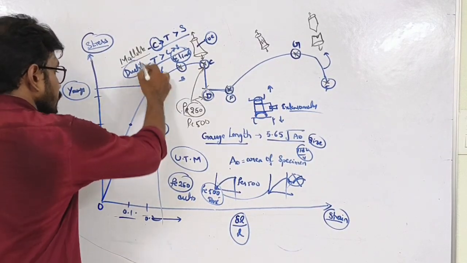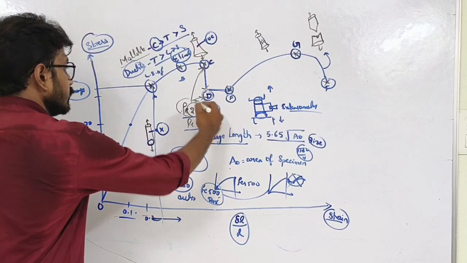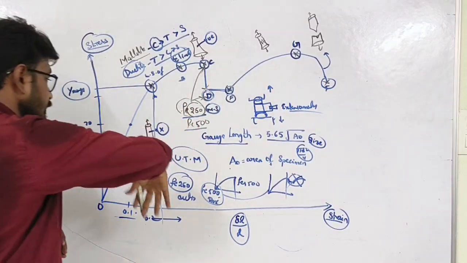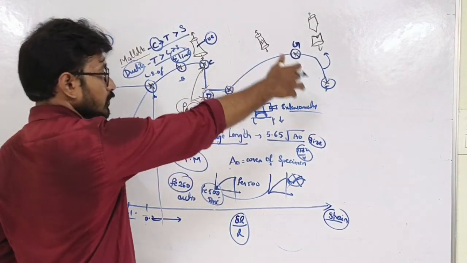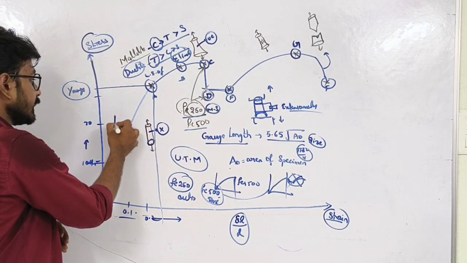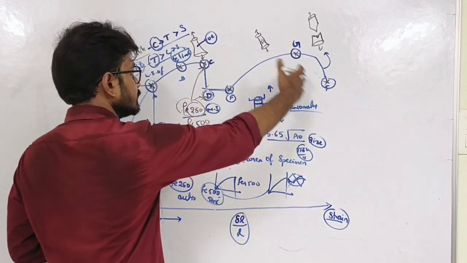So here we are saying that Fe250 mild steel is a ductile material because it will have a lot of elastic region up to the failure. So that's why ductile material takes a lot of tension, because it can take a lot of load before the failure. It will cross all these zones.